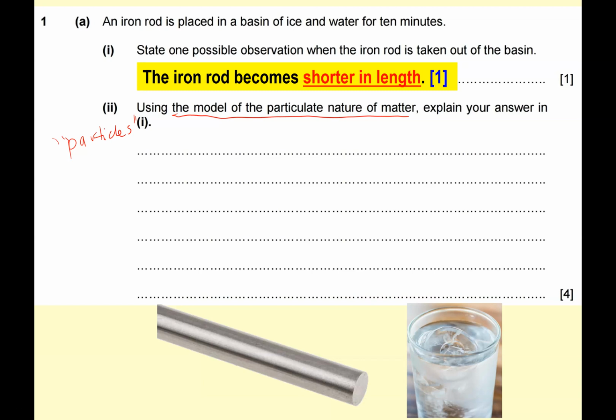So, in this question, you are supposed to explain contraction. So you want to talk about the particles in the iron rod becoming closer to one another.